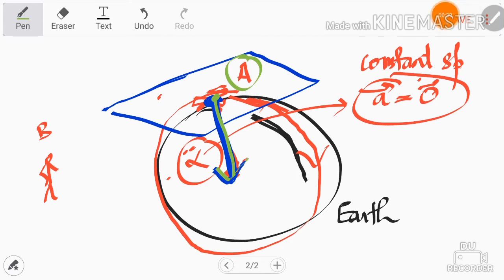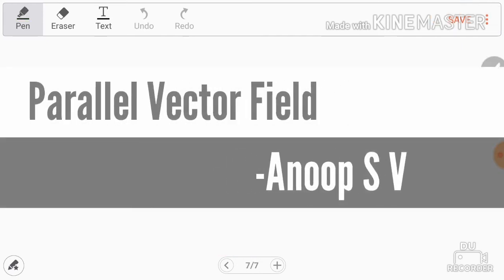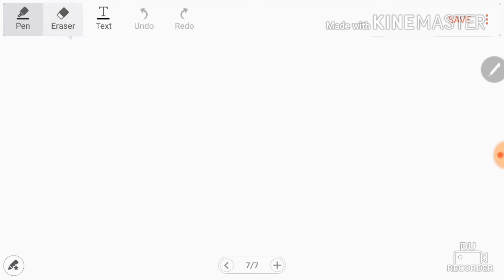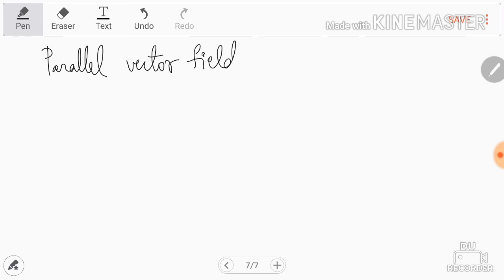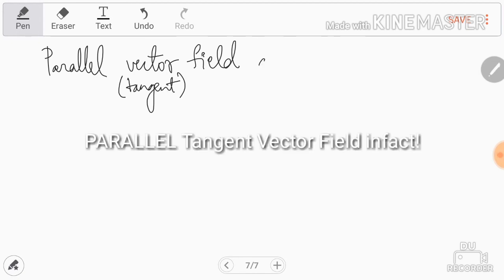I think this tells us why we are interested in the tangential component of the vector and not the actual vector. Here I'm going to talk about something called a parallel vector field. When I say parallel vector field, I am talking about the tangent vector field henceforth, on a surface.